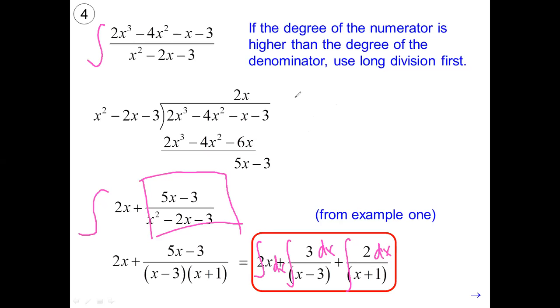So your answer will be x squared plus 3 ln of x minus 3 plus 2 ln of x plus 1 plus c. So this is your answer, based on what you got: one whole number and two rational expressions. So always perform division whenever there's a need for you to do so.